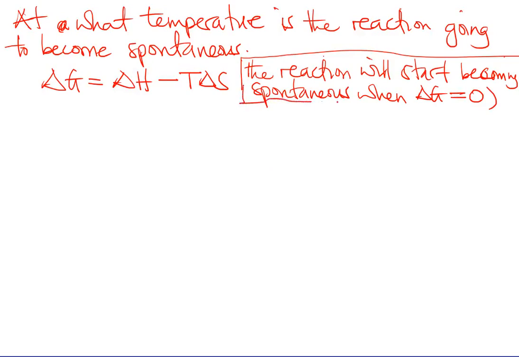So if you want to determine the temperature at which this reaction is spontaneous, you need to make delta G equal to 0.